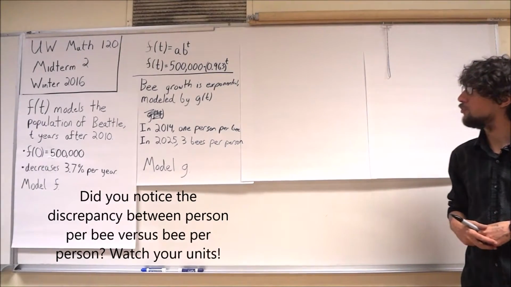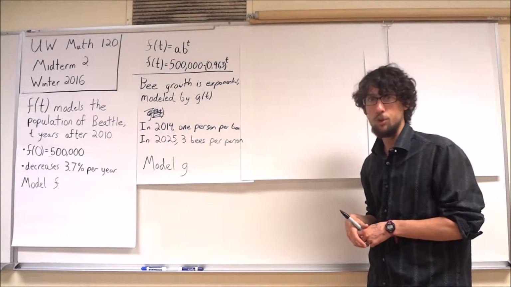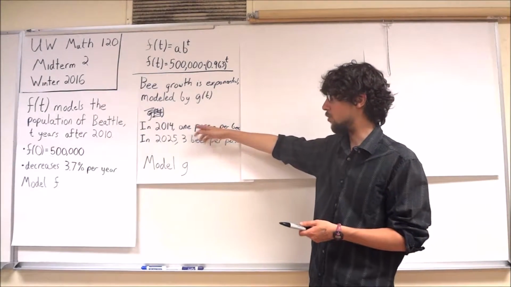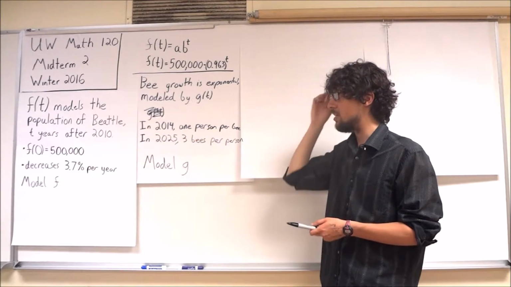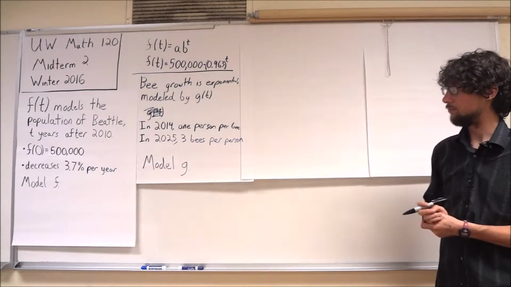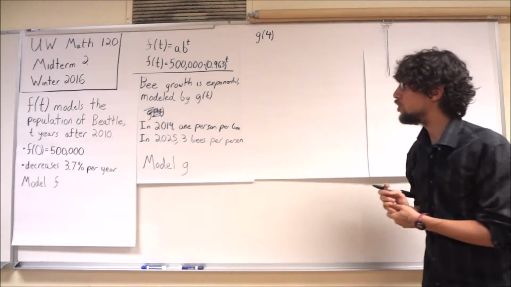In general, to write an exponential model, all we need is 2 data points. So here we have 2 data points. We know more or less a population in 2014 and a population in 2025. That's all we're going to need. So what do we get out of these? We have g of 4.